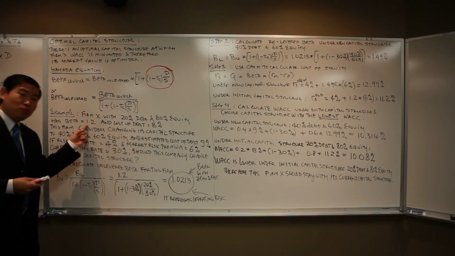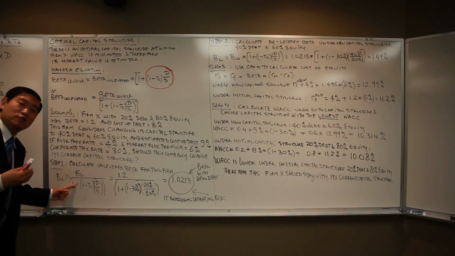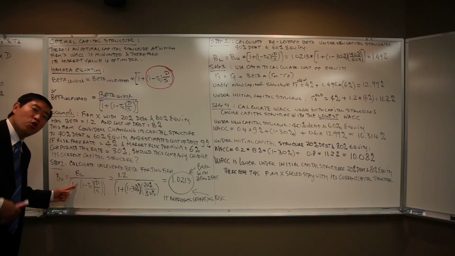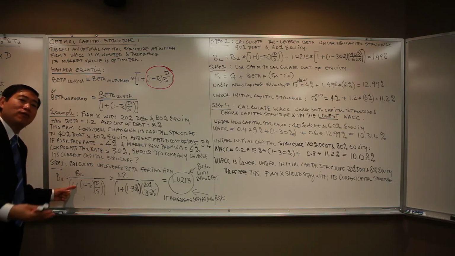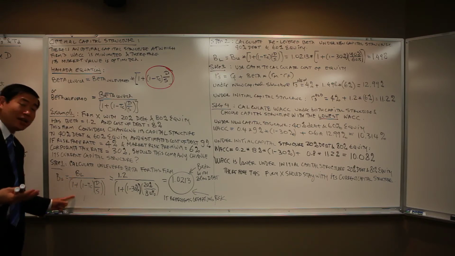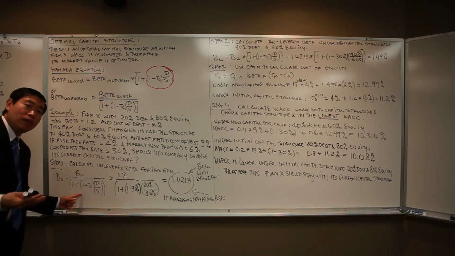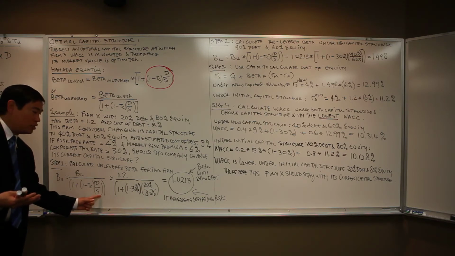So if 1.2 is the beta for a levered firm, the first step is to calculate the beta for the unlevered firm. For firm X, the unlevered beta is the beta levered divided by 1 plus (1 minus tax) times the debt-to-equity ratio.